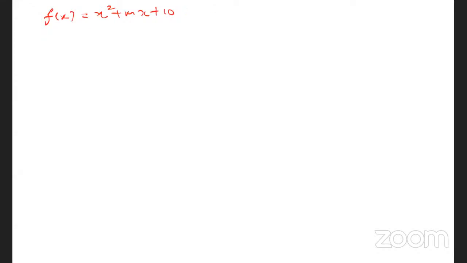It's equals to (x plus 4) squared minus n. That means they already asked. They want you to complete this in the perfect procedure form.